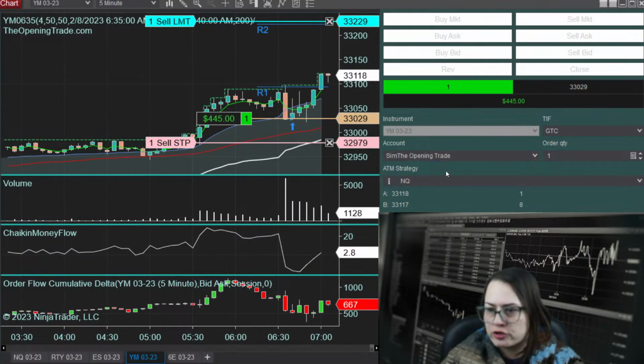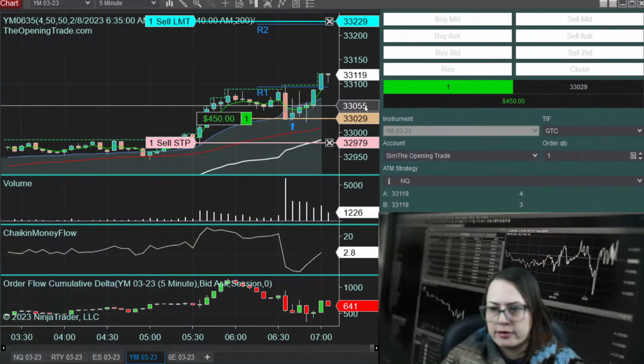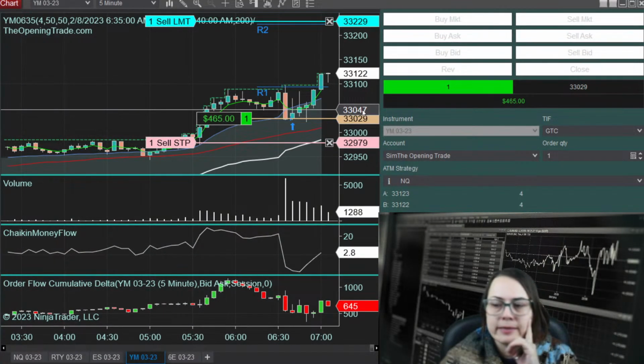I am trying to assess my risk and decide if I want to move my bar up. We have been in this trade quite a while. I feel like I could safely move it to at least here and still give it quite a bit of breathing room, while also putting in a baby safety net for myself.